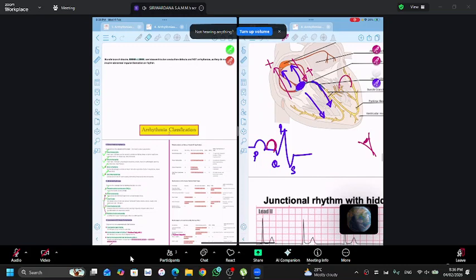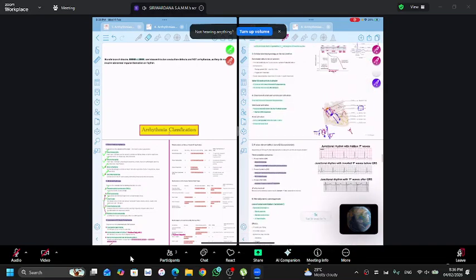The positive impulse is going the other way. So the P wave will be inverted if it happens before the QRS complex, and that is another abnormality that can occur. Or sometimes atrial depolarization can happen immediately after ventricular depolarization. Then the P wave will appear immediately after the QRS complex, again inverted, so it will be something like this.